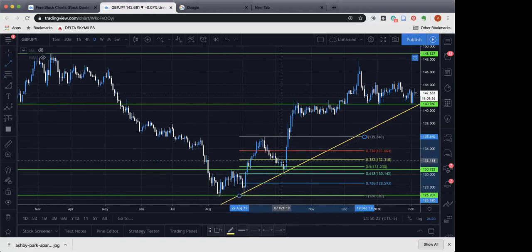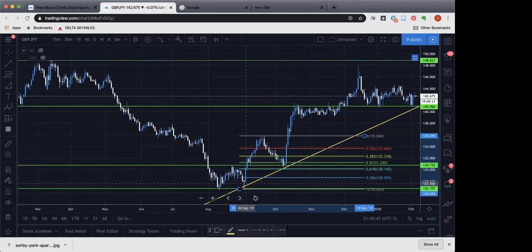Where did it retrace to? It's right at 50%, a little bit below. 50% is 618. Hey, there you go. Almost right at the 618. Everybody see that? And this is on the daily.